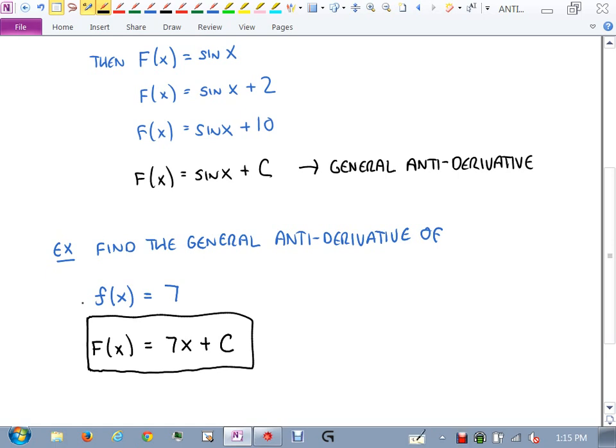So we definitely have notation for it, and here it is. All right, so now notation.